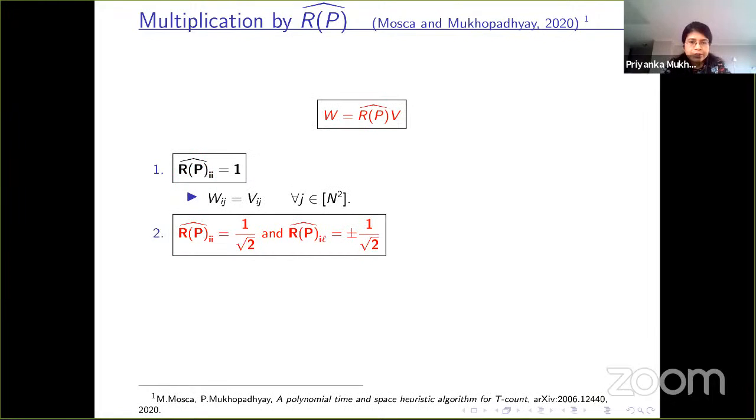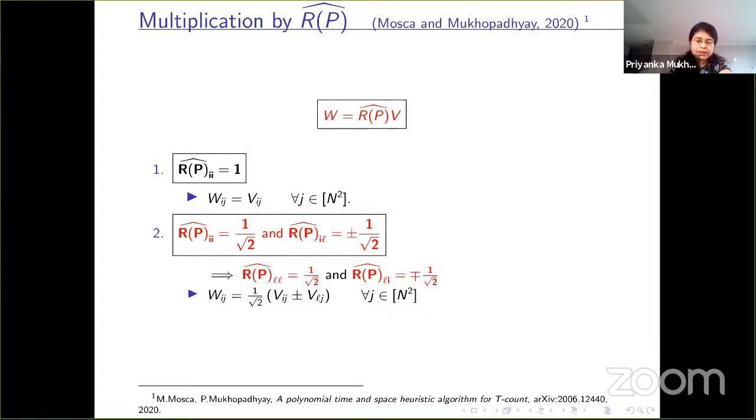And suppose the ith diagonal entry is 1 by root 2 and the ilth entry is plus minus 1 by root 2, which implies that the lth diagonal entry is 1 by root 2 and the lith entry is minus plus 1 by root 2.